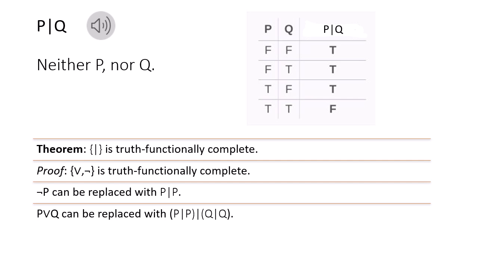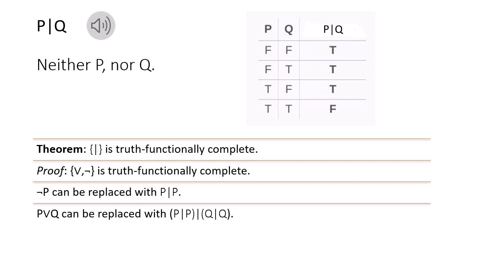Now, this is similar to exercise 7.29 in the homework assignment. And in particular, there you're asked to do exactly this, prove that this Sheffer stroke is truth functionally complete.